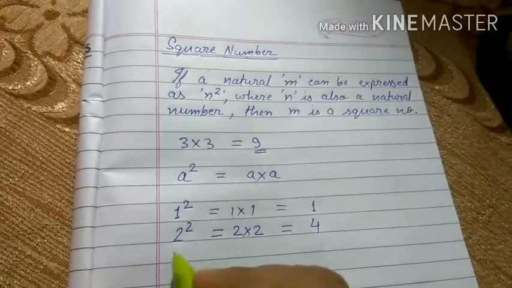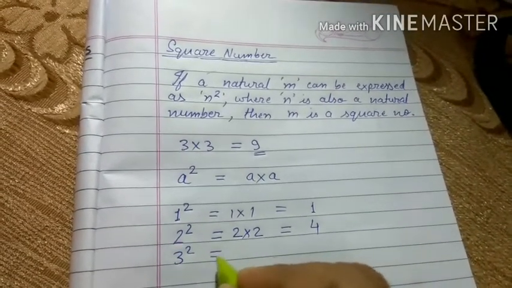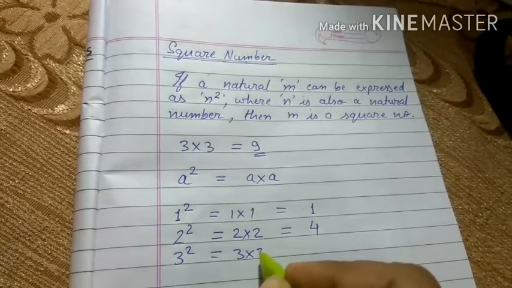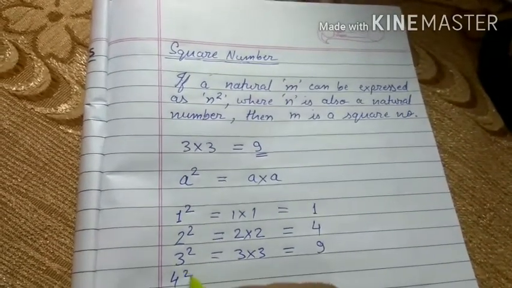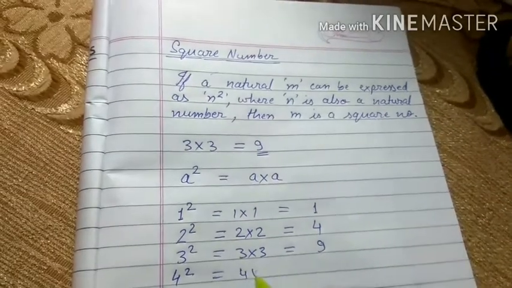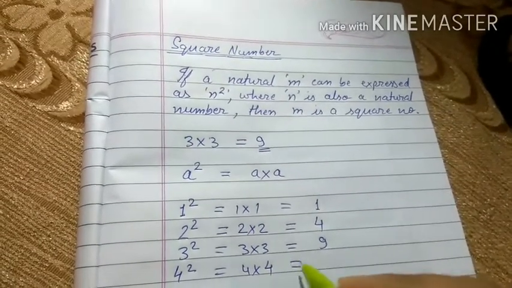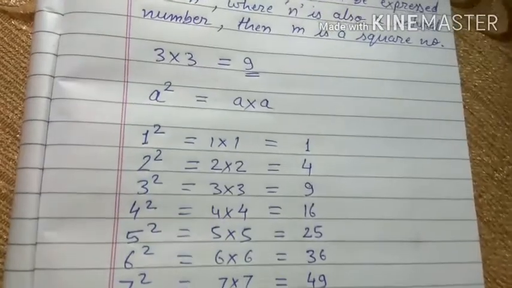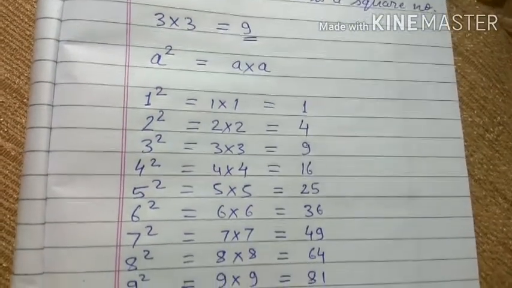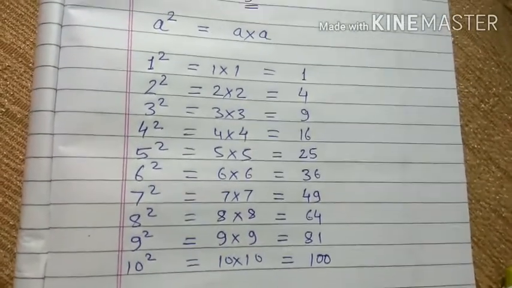Like this, 3 square is 3 into 3, and the product is 9. 4 square is 4 into 4, and the product is 16. Like this, we can write all the perfect squares till 10.